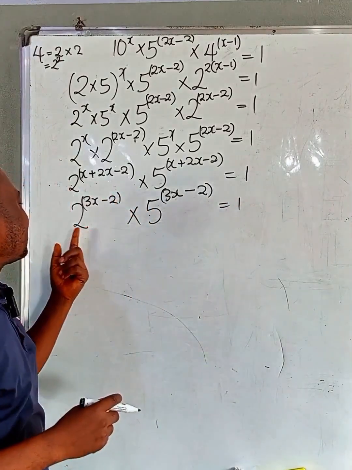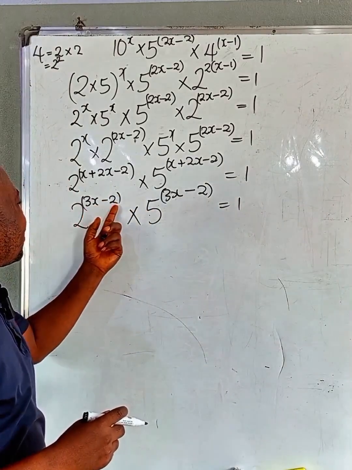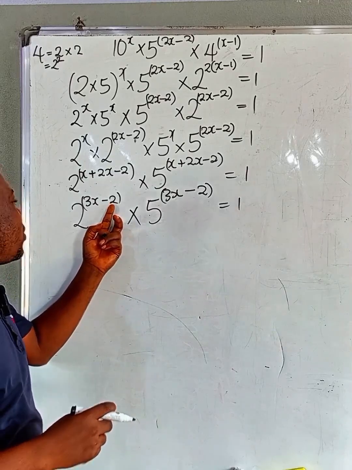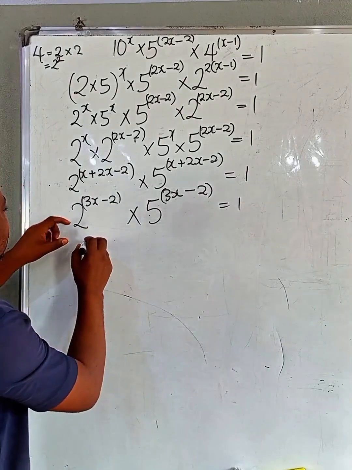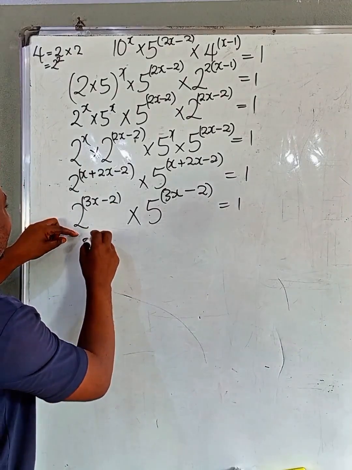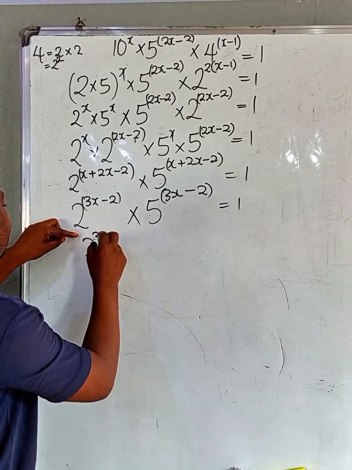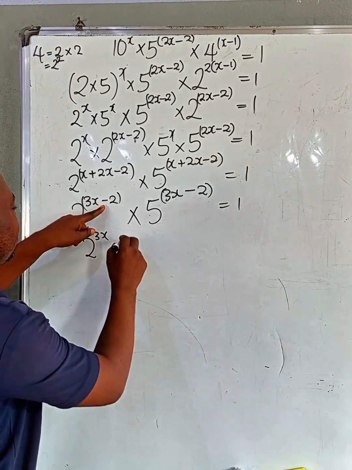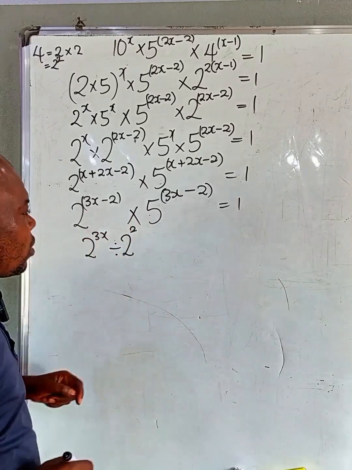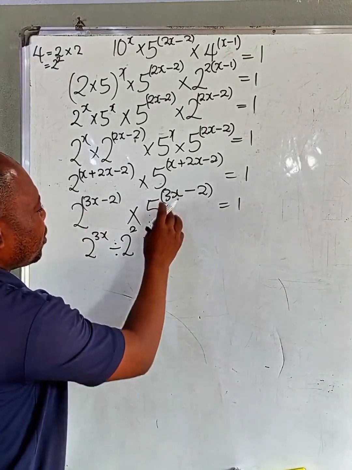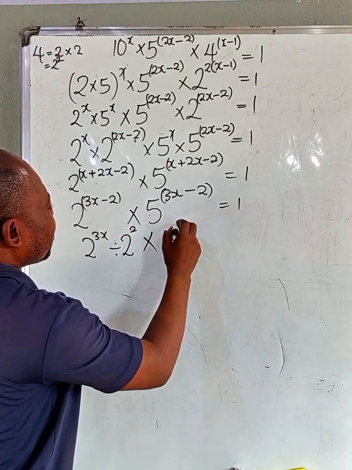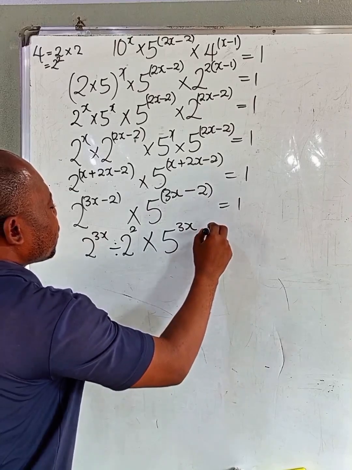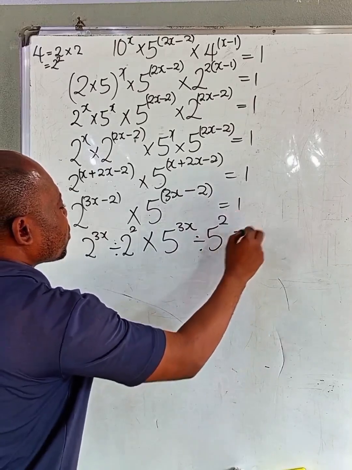And we remember that when we have something like this, minus means division. So what we have now becomes 2 raised to the power of 3x divided by 2 raised to the power of 2, times 5 raised to the power of 3x divided by 5 raised to the power of 2, equals 1.